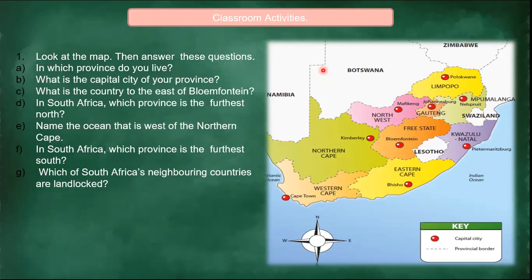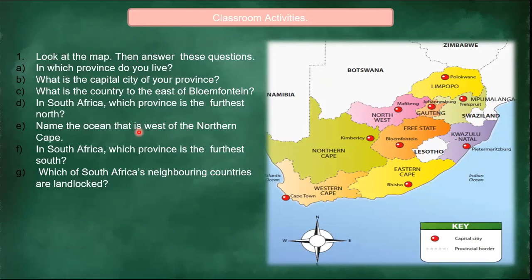Ma'am, can you please repeat the question? In South Africa, which province is the furthest north? It's up there on the northern side. Ma'am, which province is the furthest north?